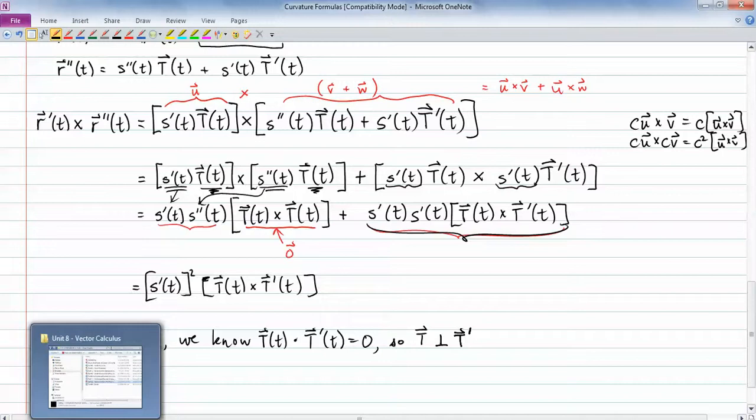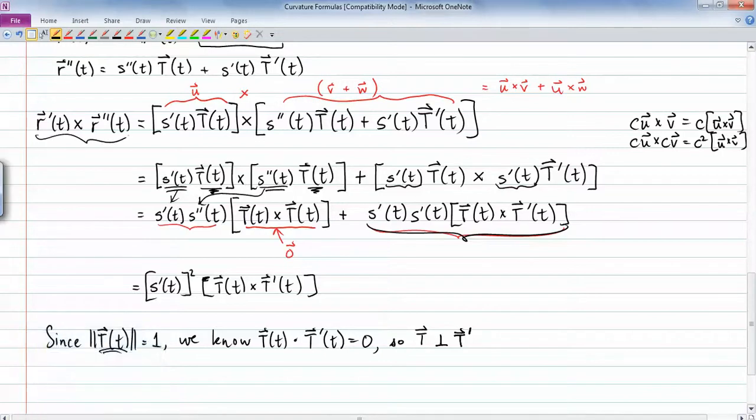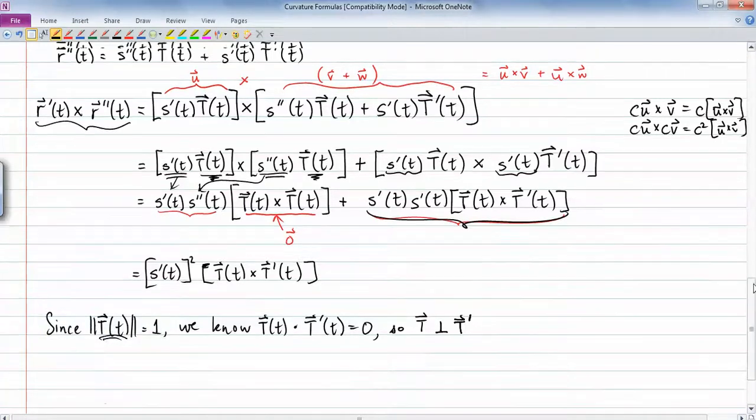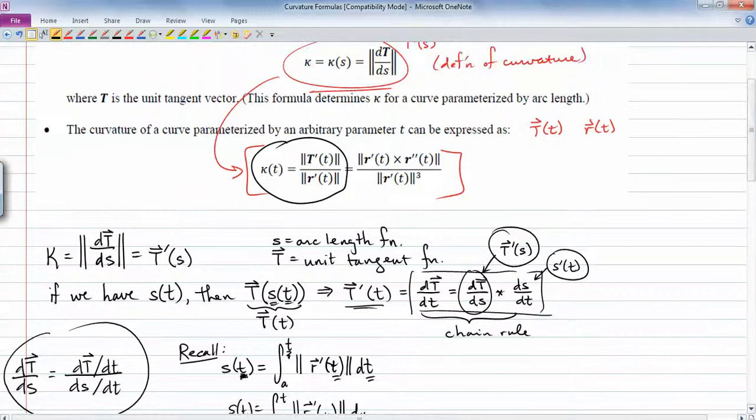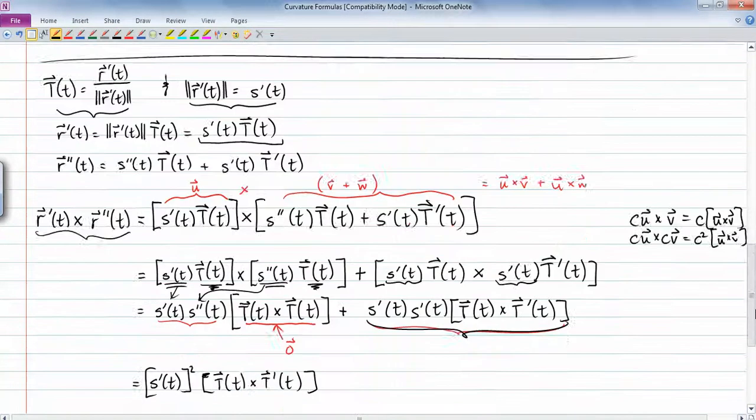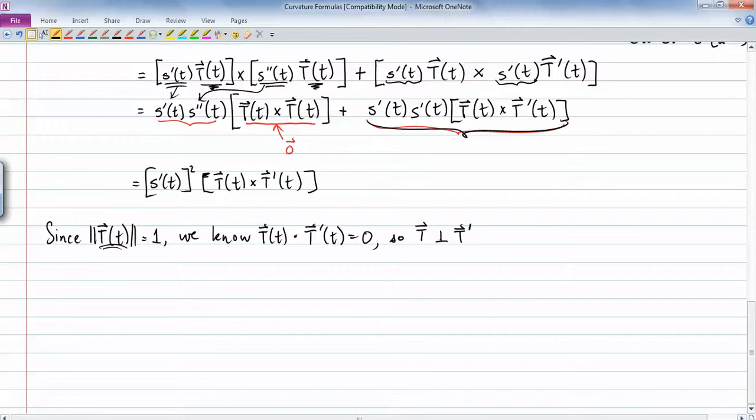Okay, so now we need the magnitude of this thing, because remember up here in the formula, it's inside a magnitude. So let's find the magnitude of r'(t) cross r''(t).